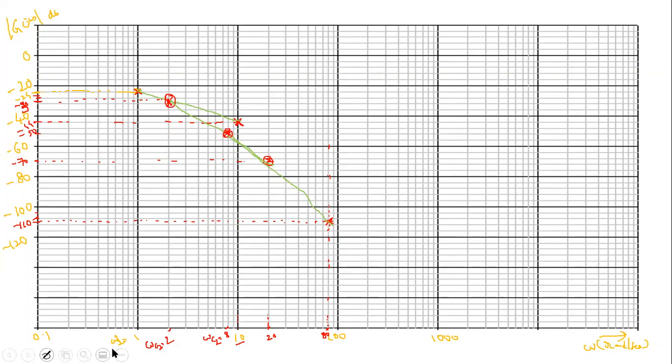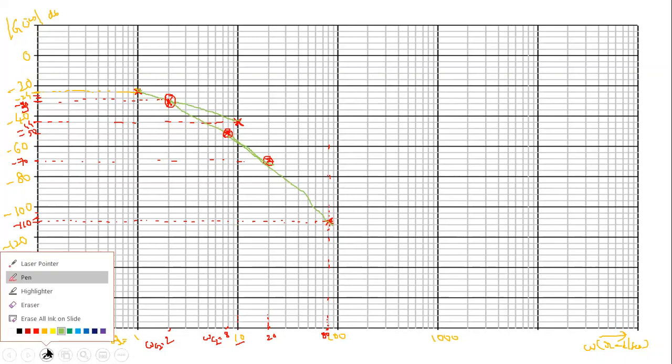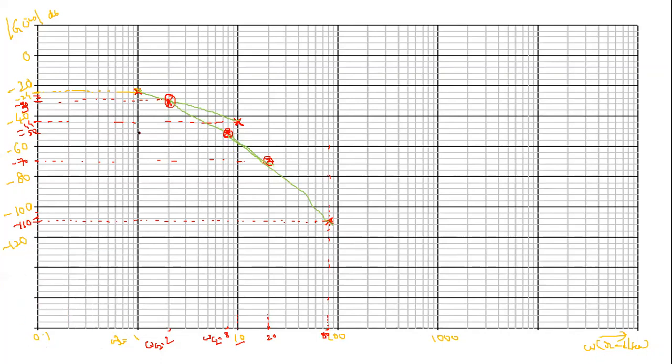Now I will highlight 3 terms, no, Pallavi? Yes, sir. First, from here to the first corner frequency, and this first corner frequency to second corner frequency, straight line, highlight it.